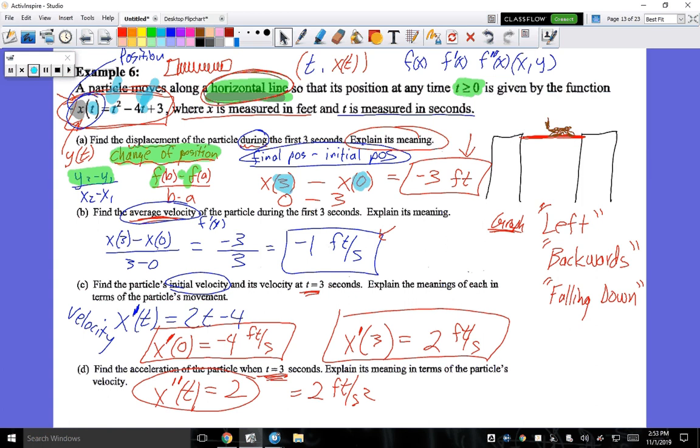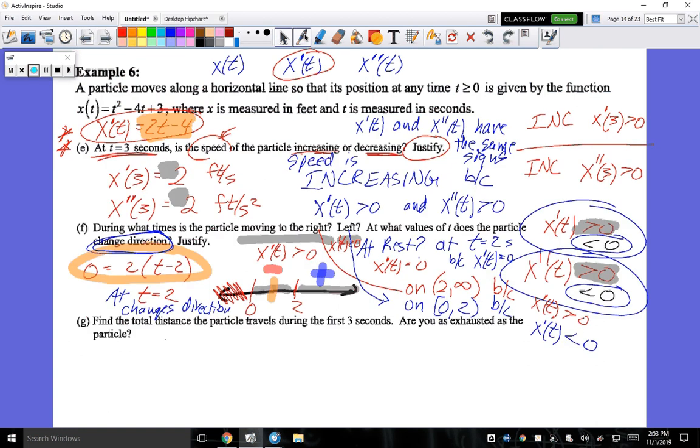It didn't change directions. It's because x prime of t changes signs. So it changes directions because x prime of t changes signs. And yes, you could say what Arjun said, from negative to positive, but you don't have to be that descriptive yet. Other stuff coming up, you do, but not for this one.